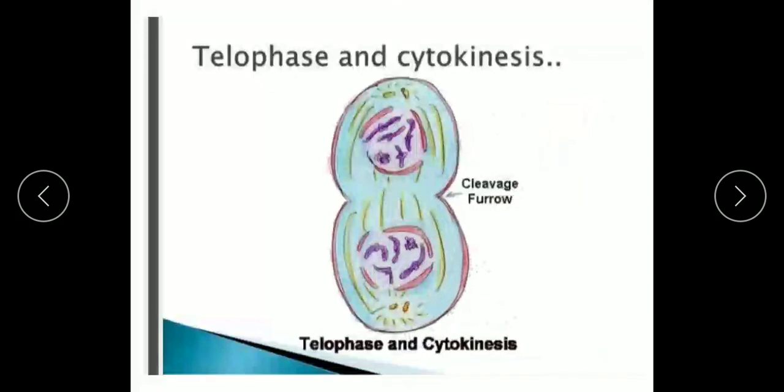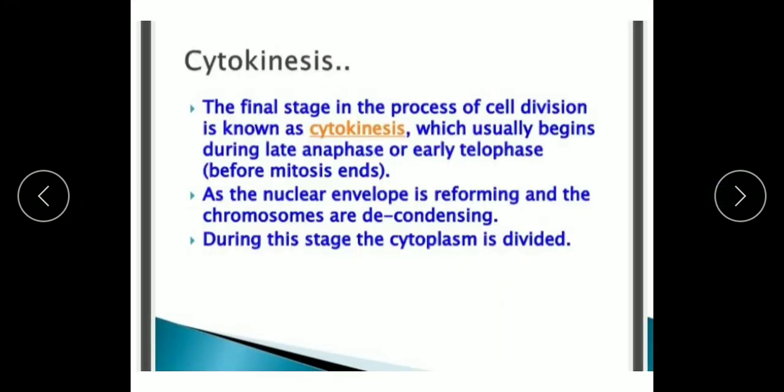The last stage of mitotic cell division is cytokinesis. The final stage in the process of cell division is known as cytokinesis, which usually begins during late anaphase or early telophase.